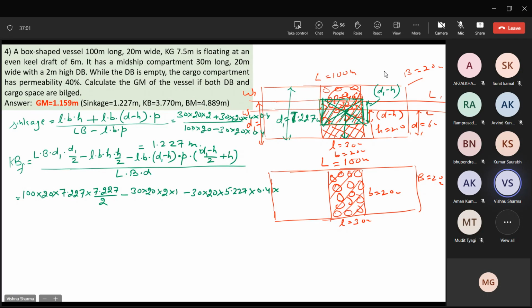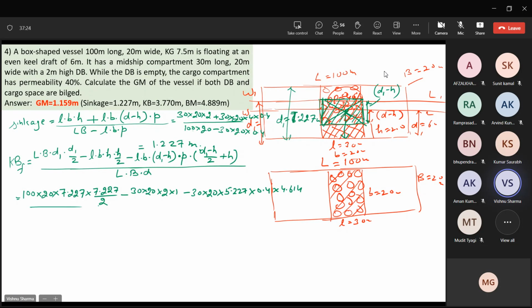Now D1 minus H is 5.227. So you'll make half of 5.227 and add 2 to it. So that will be 5.227 divided by 2 plus 2, which makes it 4.614. Is this clear now, beta?